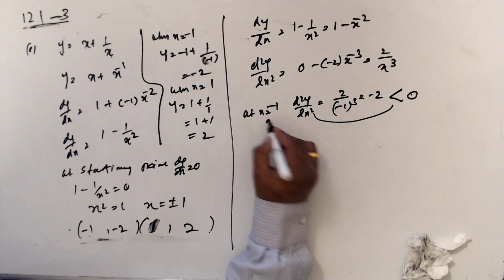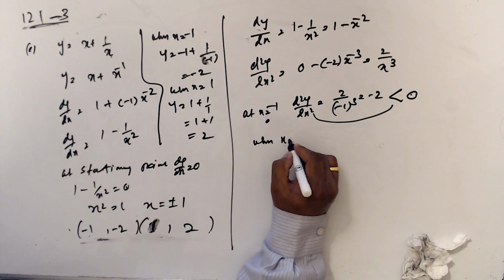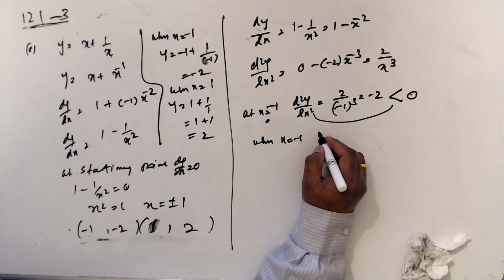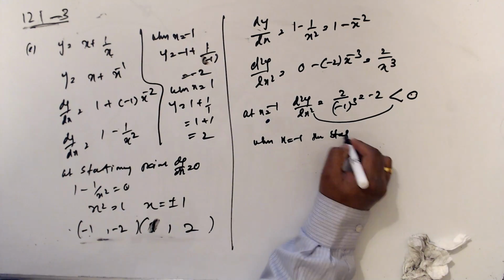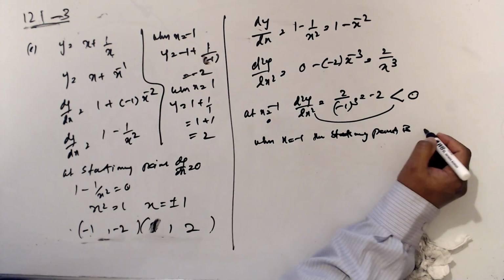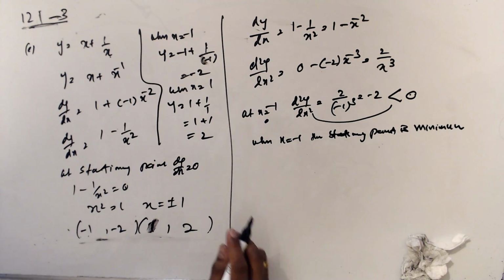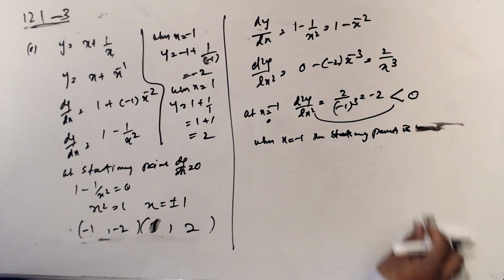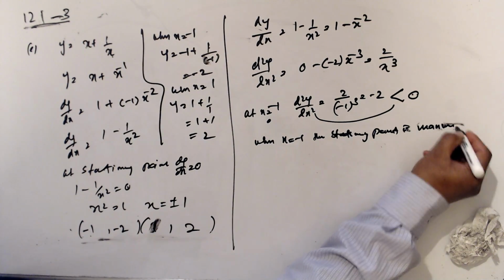Then when x equal minus 1, the stationary point is a maximum, since it is less than 0.